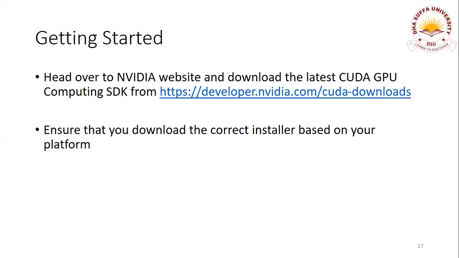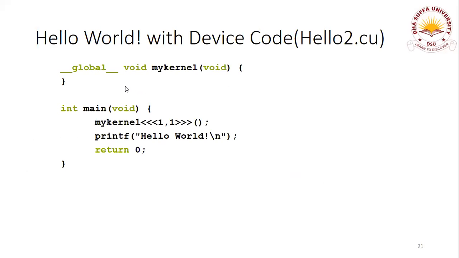Just let me show you a kernel function. This is a kernel function. We have written a normal function, and if you don't have this global specifier here, this is just a normal function. When you add this, double underscore global double underscore, now this is a kernel function. You have written a main, and this is my kernel, and this is a kernel call.